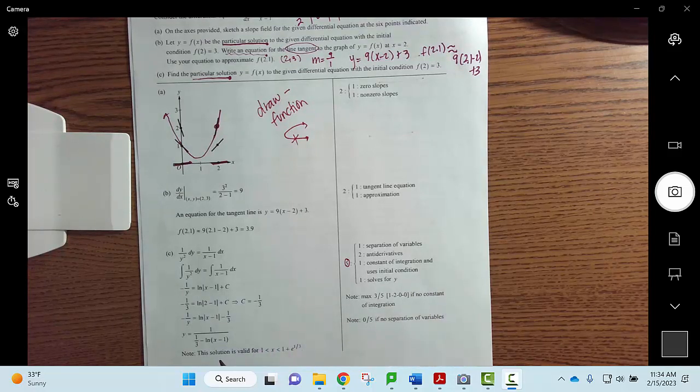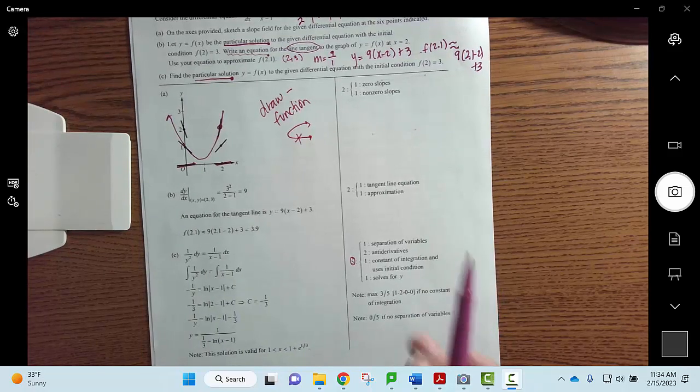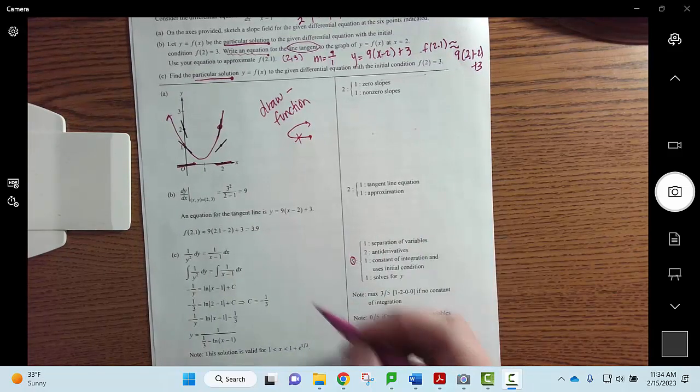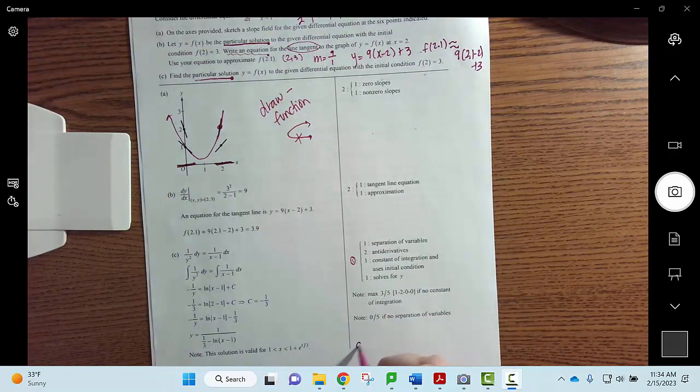So I know that the answer is over here, but let's go ahead and just do the work so you can see. So again, we're going to separate the variables. I'm going to call that a 1 on top. We probably want to write this as y to the negative 2. That's what would make sense in my mind before we take the antiderivative.